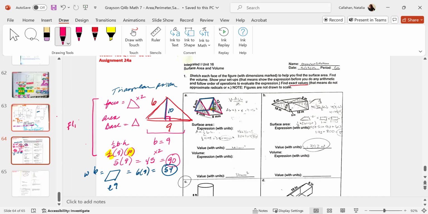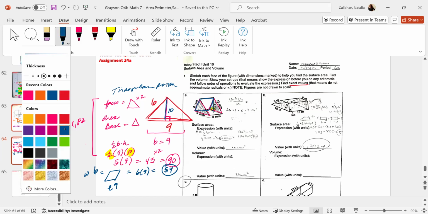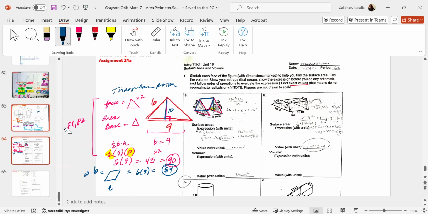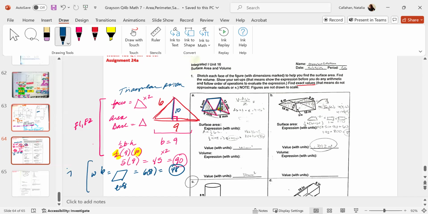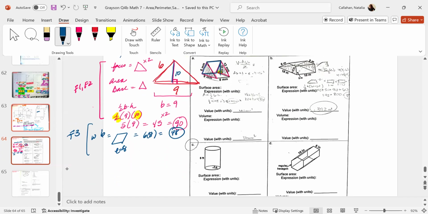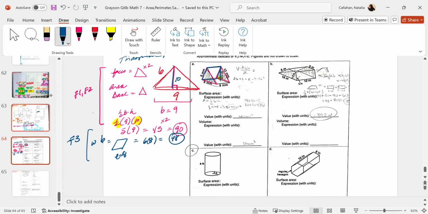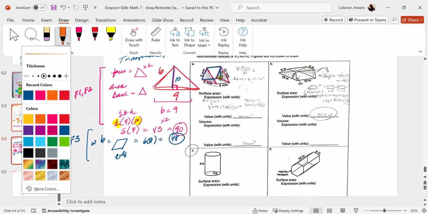That's face 1, face 2, correct? Why is it 9? Oh, it's not 9. What is it? What is 8? Yeah, you said 8, correct? 48, correct? This right here is face 3, correct? Now let's look for the next part, which is going to be face 4.